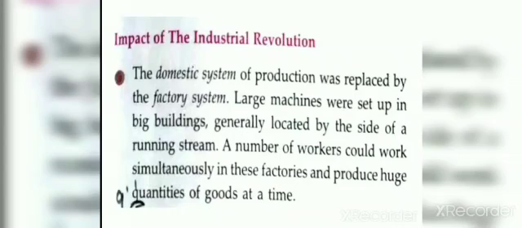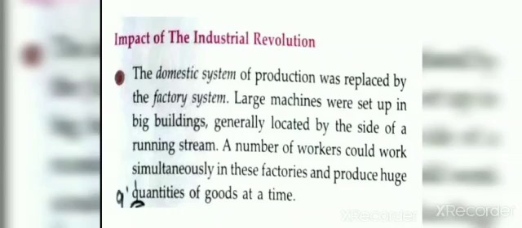The first point is that the domestic system of production was replaced by the factory system. Those works which were done by the household, the works that they were doing at home, the domestic system of working, were now replaced by the factory system. There were large machines set up in big buildings, generally located by the side of running streams because they need a lot of water.